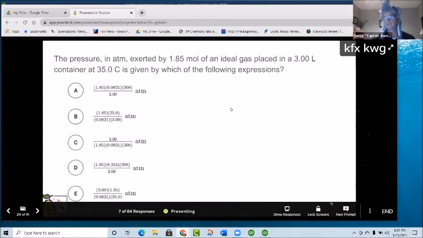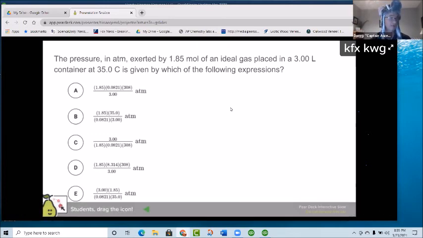Just to show you, in a multiple choice format where you don't get a calculator, sometimes they'll ask you to solve a pertinent problem, but instead of giving you an answer, they'll say, which one is the best setup? So you would have to be able to plug into PV equals nRT, solve for P, and make sure you're plugging the right numbers in.